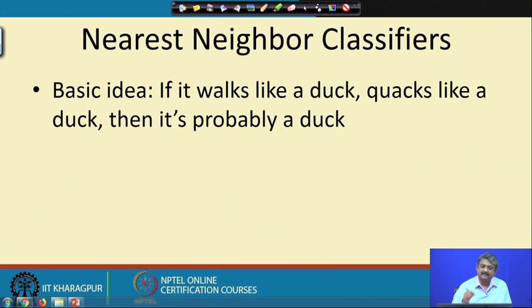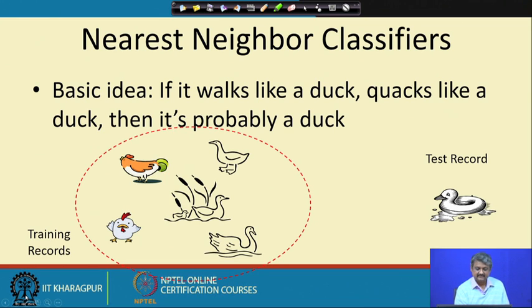But this principle was philosophically sort of known to people before. Let me draw this picture. In my training set I have different types of birds.